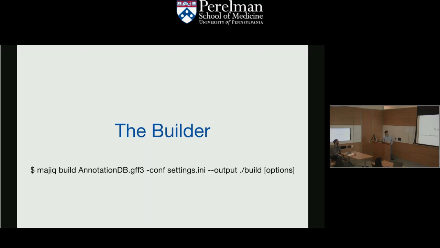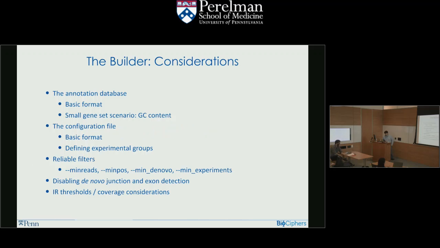You give it a configuration file that just kind of does some bookkeeping on where your files and genome is. And you tell it what your output is, and that's all you need to do to get going. There's some options that we'll cover as well. So these are some of the considerations we'll cover for the builder stage that you might want to tweak depending on what your data is like.